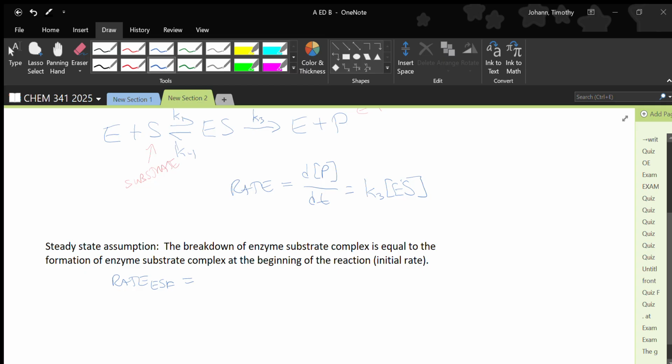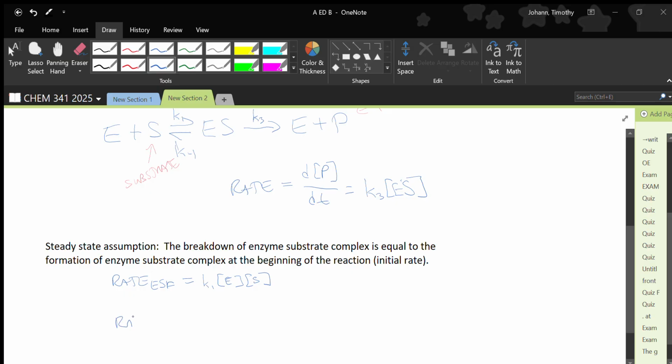Exactly. So K1 times E, right? Because E is one of the reactants, times the concentration of S, like that. All right, that's my rate of formation.